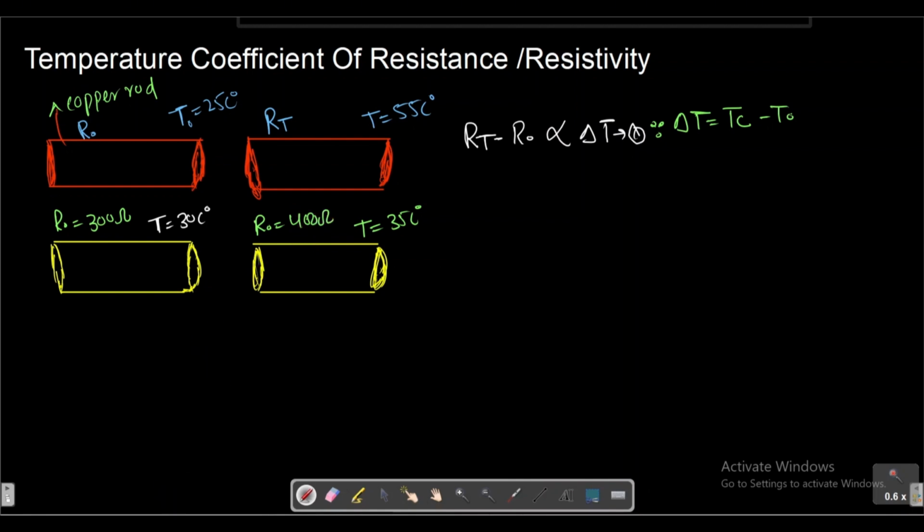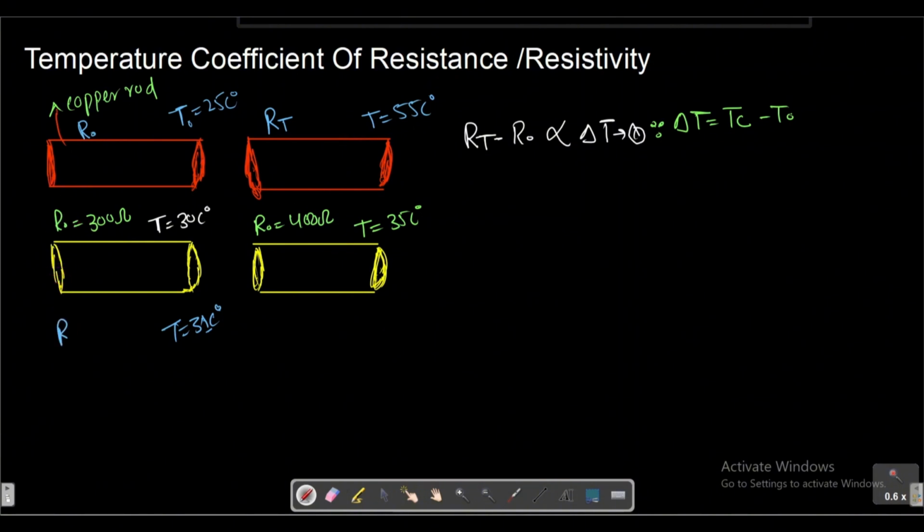Now if I increase the temperature of this rod by 1 degree, so T now becomes from 30 degrees centigrade to 31 degrees centigrade. In this case, this resistance will also increase.